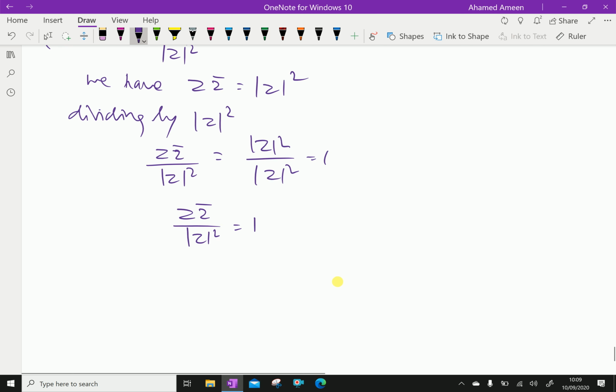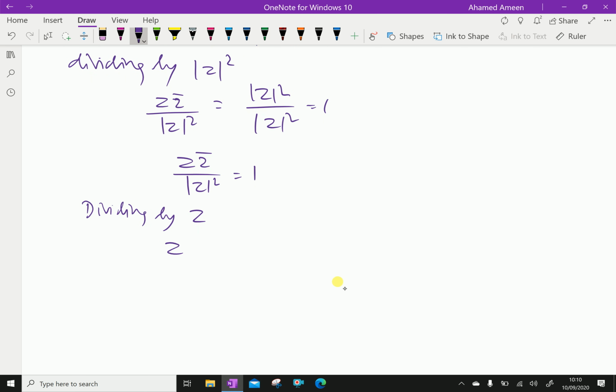Further dividing by z, we get z bar over modulus z squared equal to 1 over z.